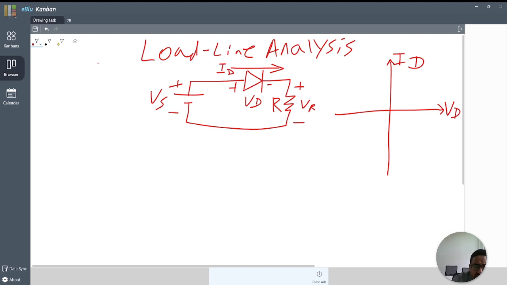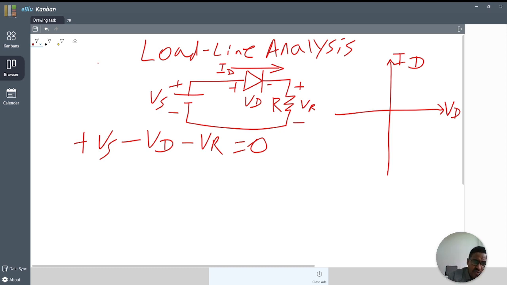First, by Kirchhoff's voltage law, solve the circuit. That means V source minus VD minus VR is equal to 0.